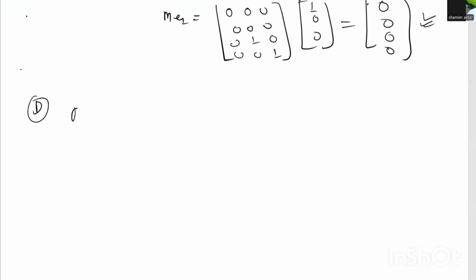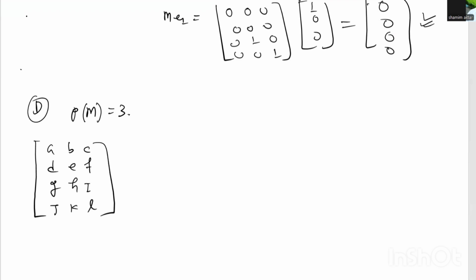Here, given rank of M equal to 3, we choose any matrix A, B, C, D, E, F, G, H, I, J, K, L. This is a 4 cross 3 matrix.